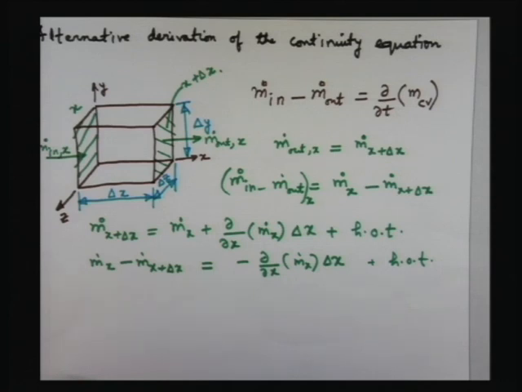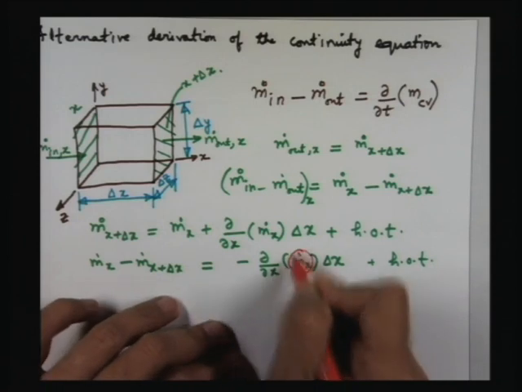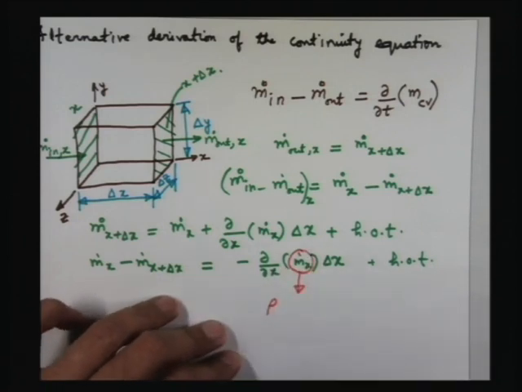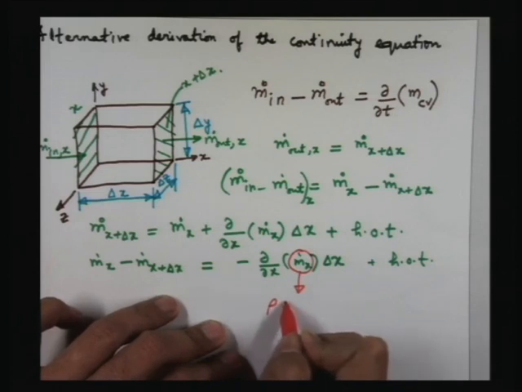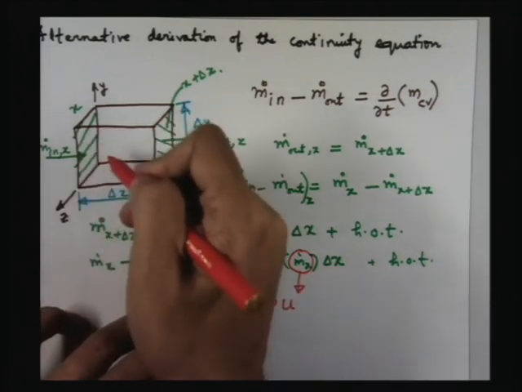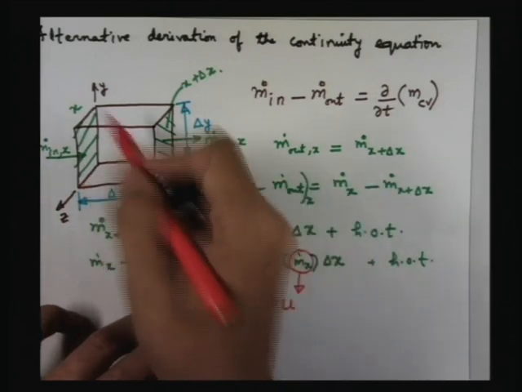So if you consider all these, then first there is density, then velocity component along x, then the shaded area. What is this shaded area? Delta y into delta z.